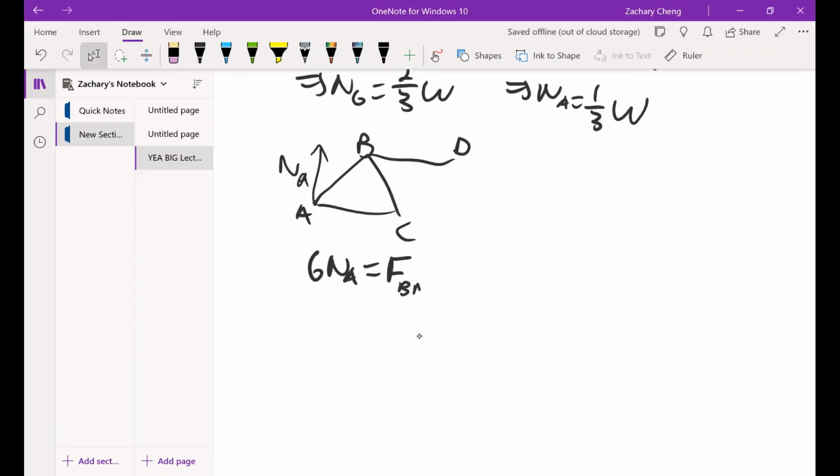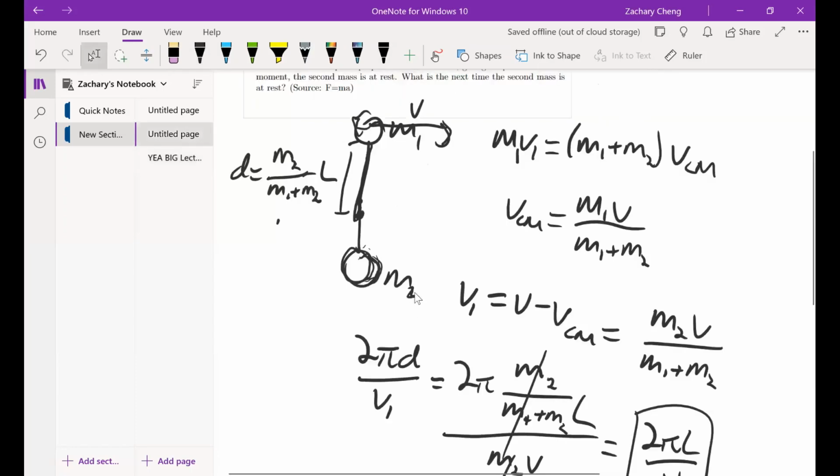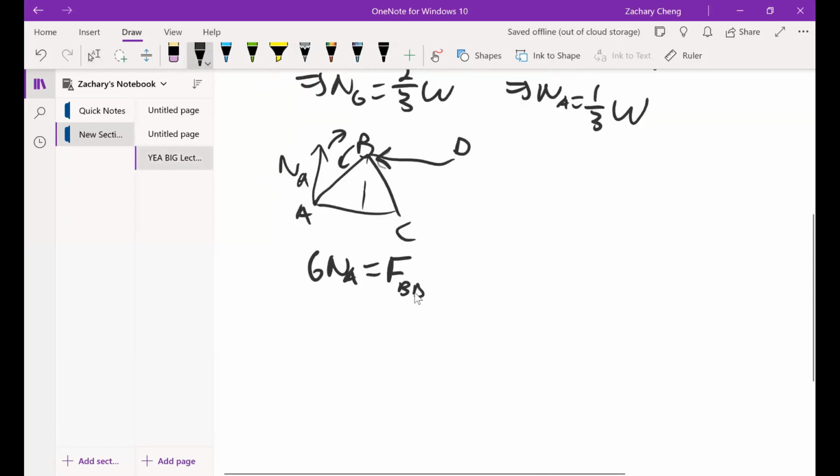FBD. And here we can see that the torque from BD has to cancel the torque from NA. BD has to go this way in order to make it rotate this way, because NA makes it rotate this way. Okay, so now the torque from BD is just equal to FBD times this distance here.